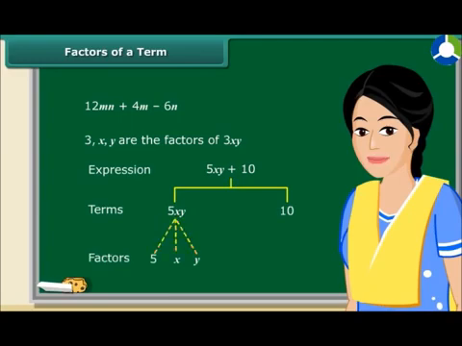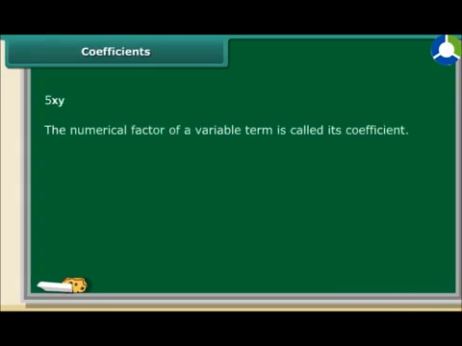See, the dotted lines are used here for factors and continuous lines for terms. Remember, the factors cannot be further factorized. The numerical factor of a variable term is called its coefficient. In the term 5xy, 5 is the coefficient of the whole term.